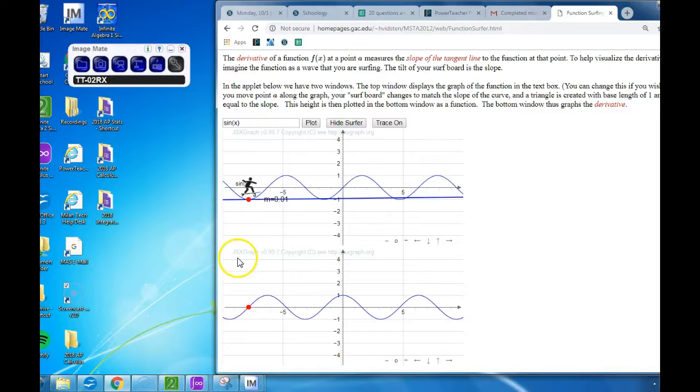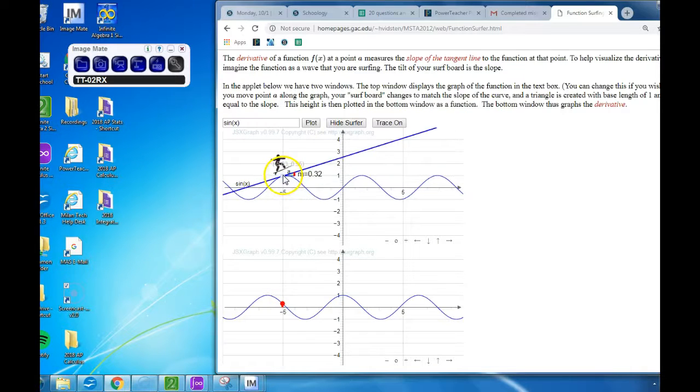So the y values and the slope are definitely different. Right here is your y value positive, negative, or zero? Approximately zero. But is your slope positive, negative, or zero? Positive. So when I go down here, these y values are slopes. Up here, these y values are y values.